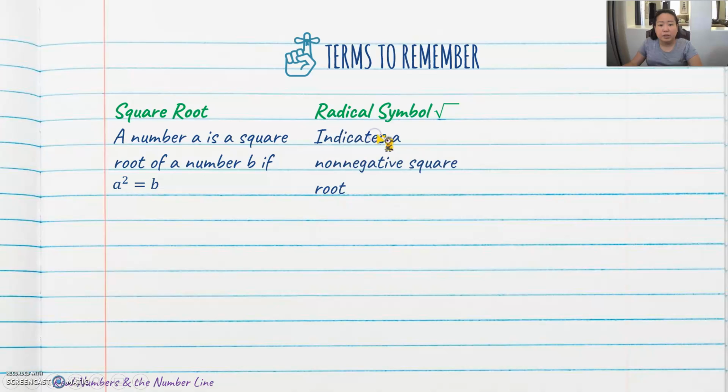Okay? Now when you are working with square root, you will always see what we call the radical symbol. And this is that symbol. It indicates a non-negative square root. Just to be specific here, let's take the case of 9. If you have 3 squared, the answer there is 9.